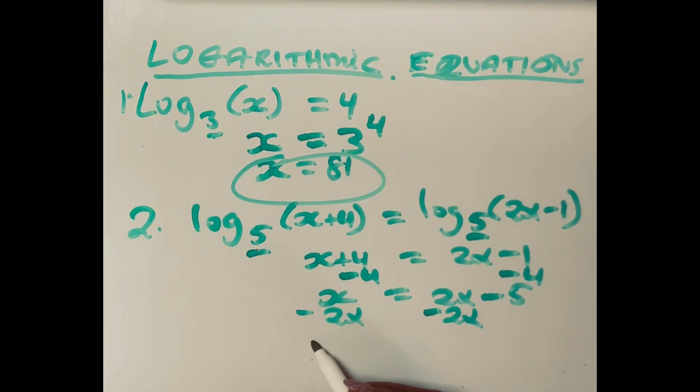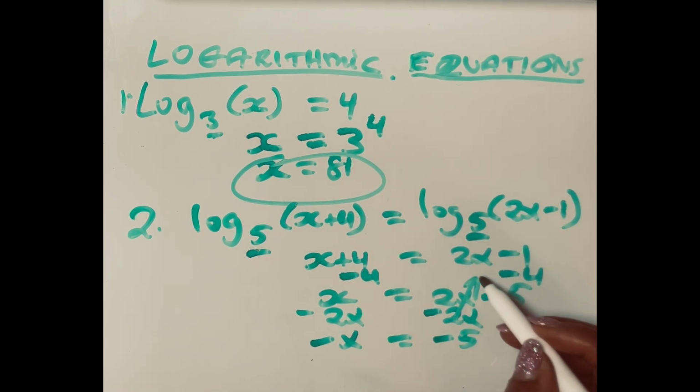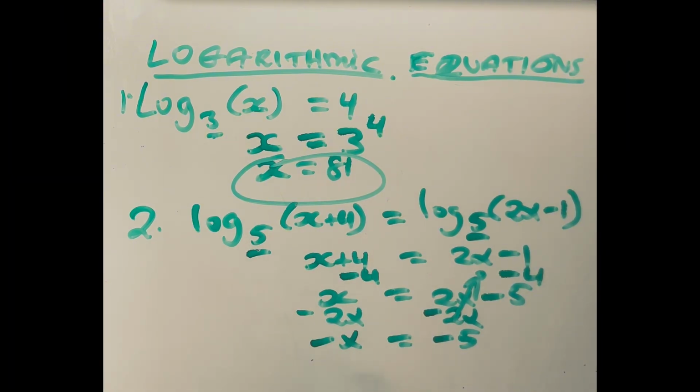Now we're going to have minus 1x, which is equal to minus 5, because 2x minus 2x is 0. Now we want to get rid of this negative, so we are going to divide both sides by negative 1, and now x is equal to 5. So here, our answer is x is equal to 5.